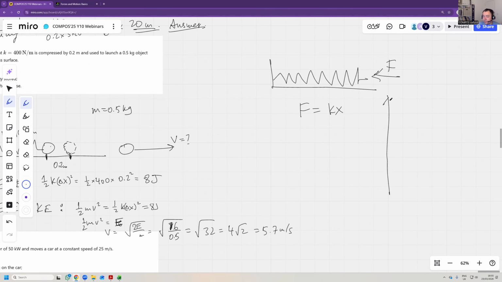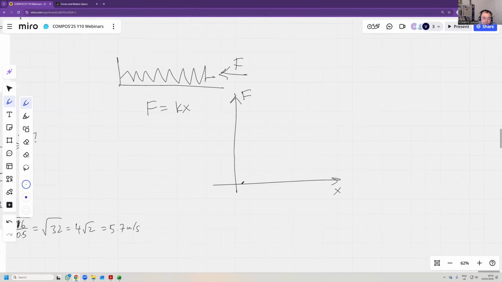And if you draw a graph of displacement versus force, you will see that the further you move, the bigger the force is. But the work is force times distance, right? So you can split that into tiny little.